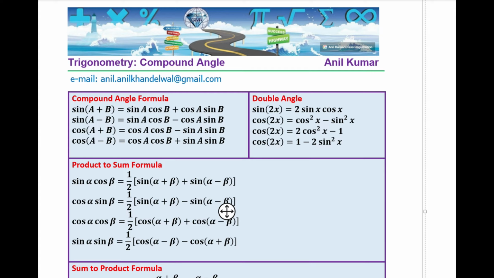Note a change. When we have cos A plus B, we have a negative sign here, and for minus, we have a positive sign.